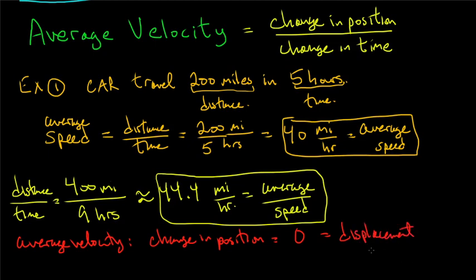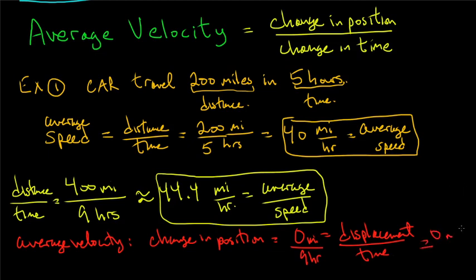It's the difference between the place we started and the place we ended. So 0 miles. And of course it took 9 hours. So 0 divided by 9 is 0.